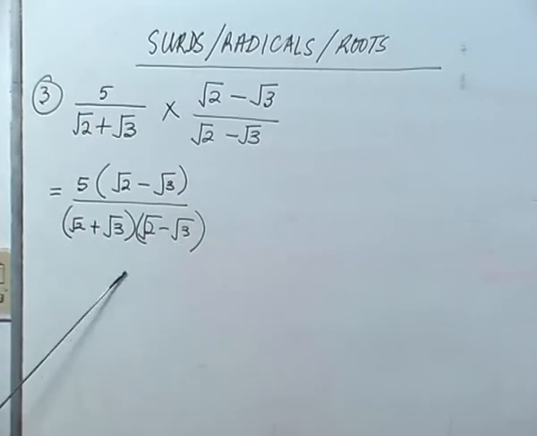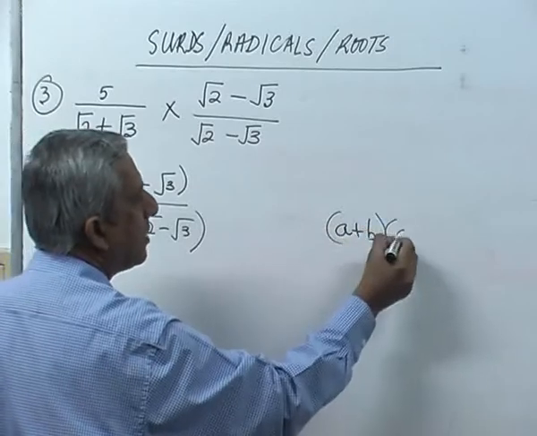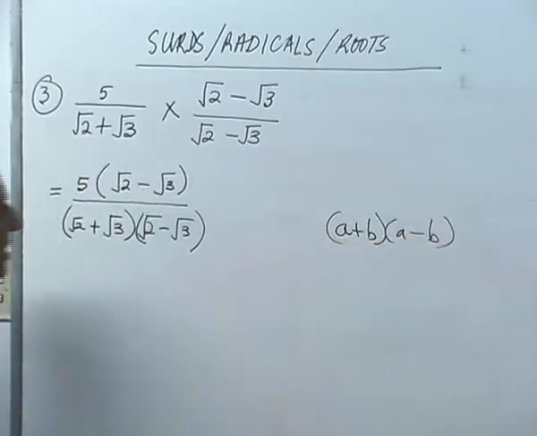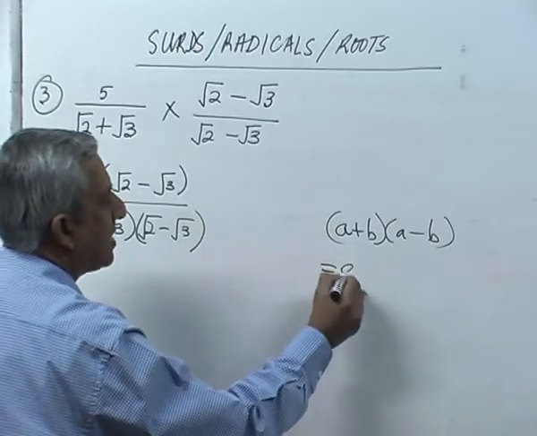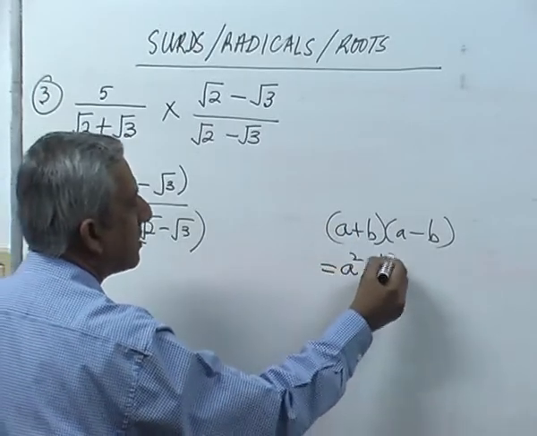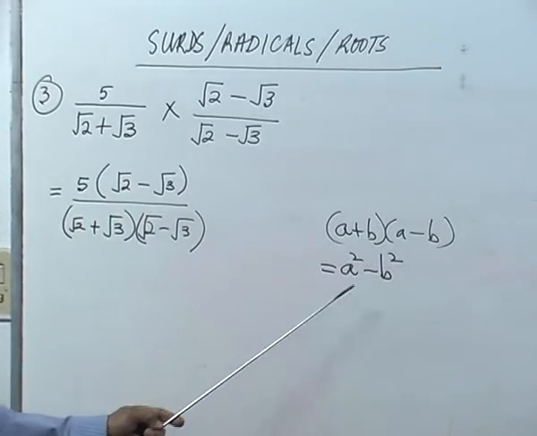Now this is like a plus b into a minus b. If we did that, we would say the answer is a squared minus b squared. A plus b into a minus b is a squared minus b squared.